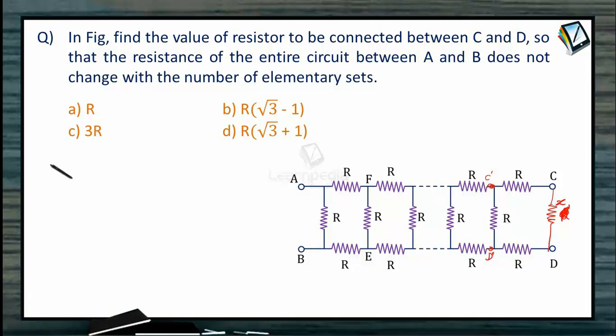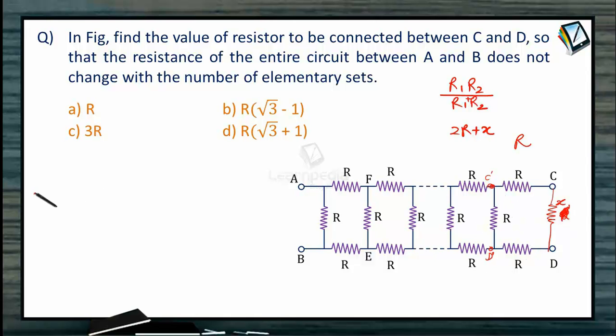If there are 2 resistances R1 and R2 connected in parallel, then the equivalent is R1 R2 upon R1 plus R2. So here 2R plus X is one resistance, and R is another, which are connected in parallel, and the resultant must be equal to X.